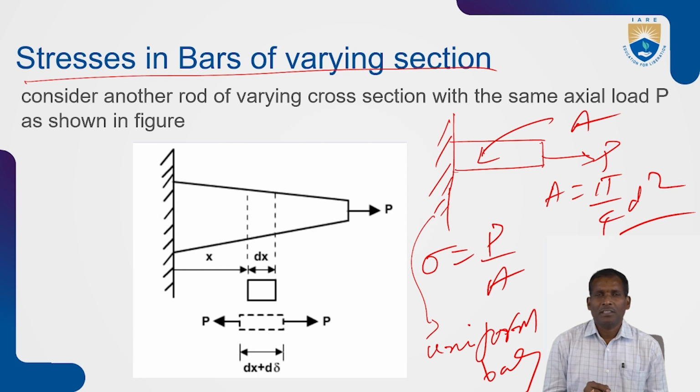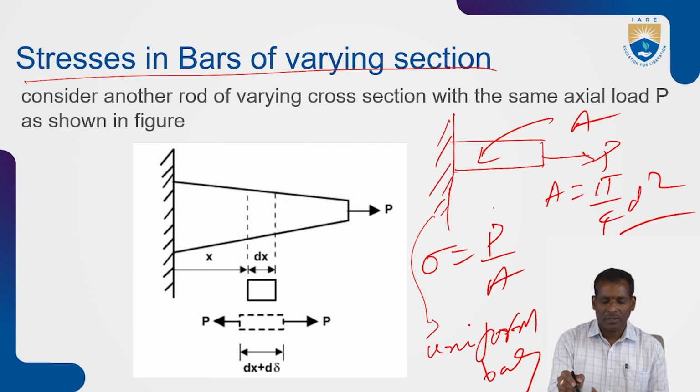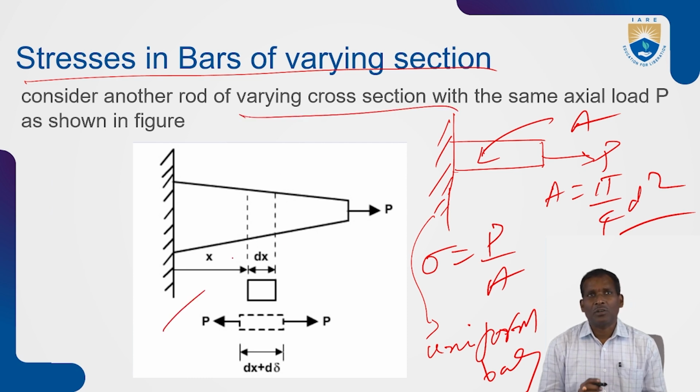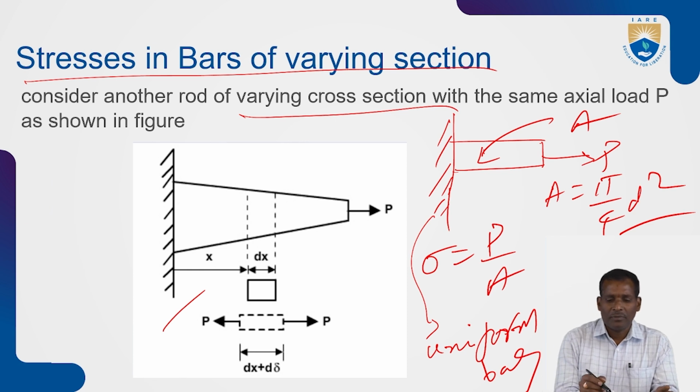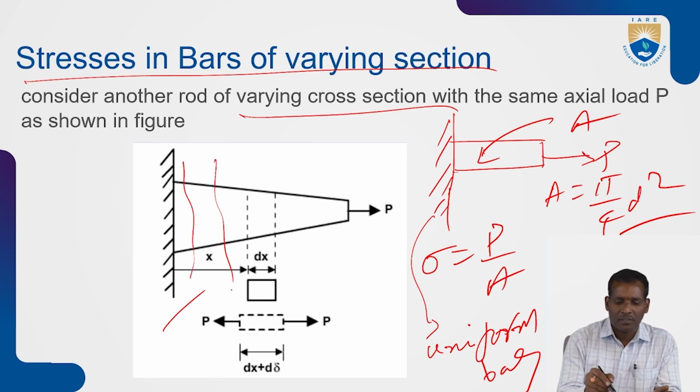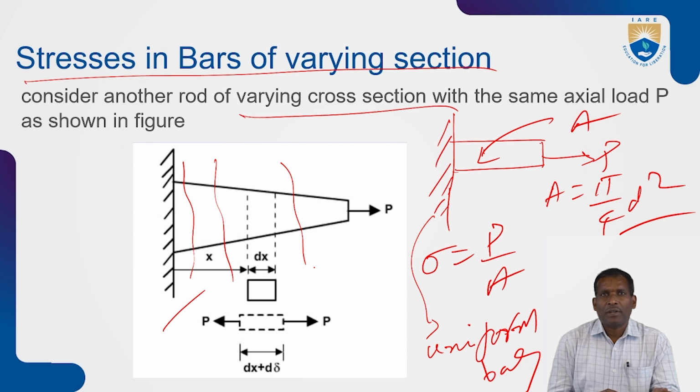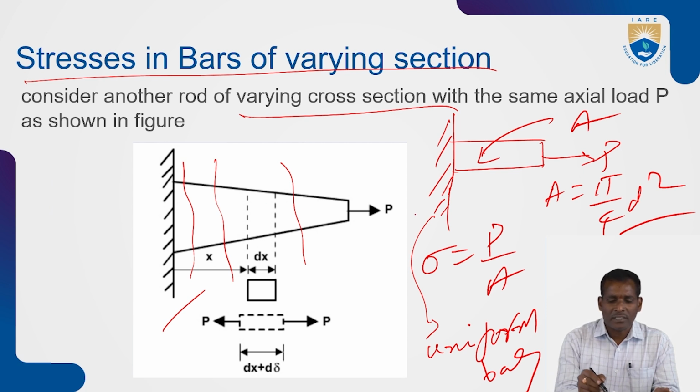But in this case, it is not uniform. Take another rod, the rod of varying cross section, with the same axial load as shown in the figure. The cross section here is different, here different, and different, so gradually the area decreases.